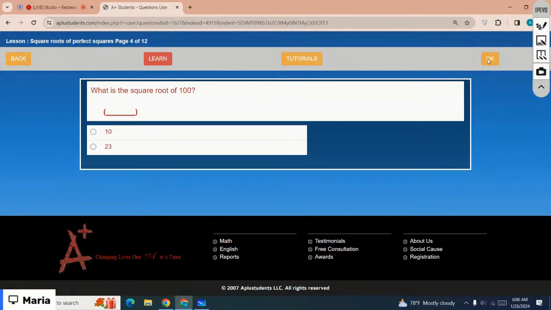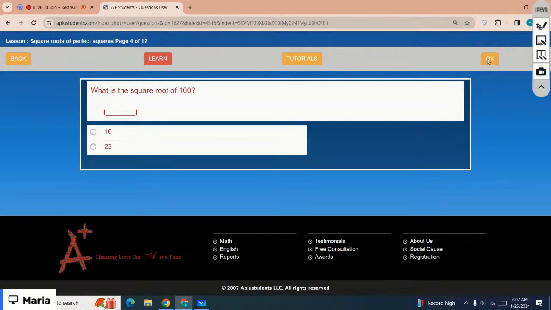The next one is, what is the square root of 100?